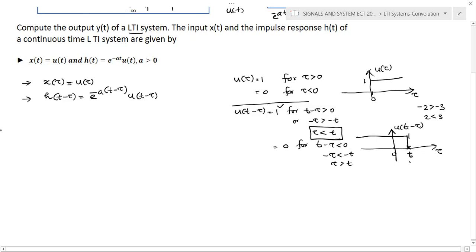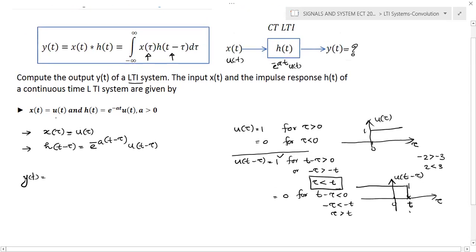They are the familiar signals. Now we can substitute these two quantities in the equation of the convolution integral. So this is the convolution integral equation. So here integral minus infinity to infinity. In place of x of tau, you can substitute u of tau, and the second term is h of t minus tau, that is e raised to minus a times t minus tau into u of t minus tau, d tau.